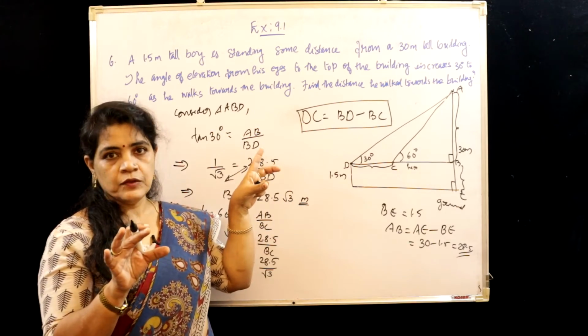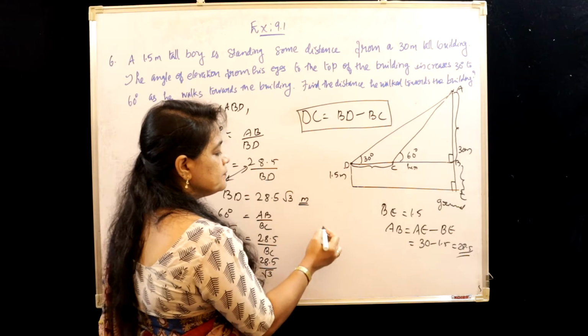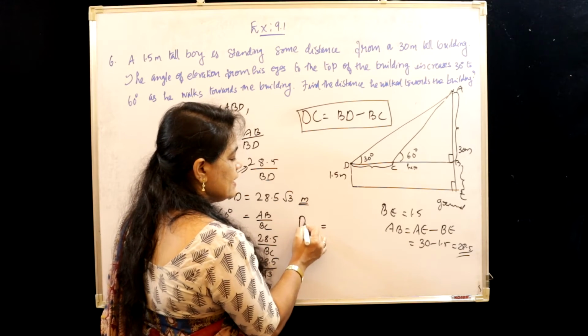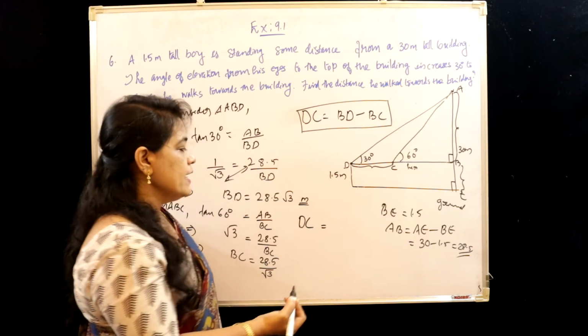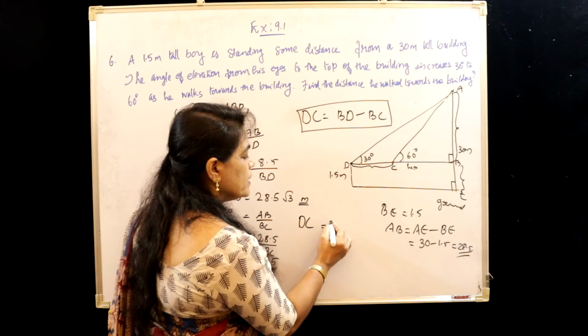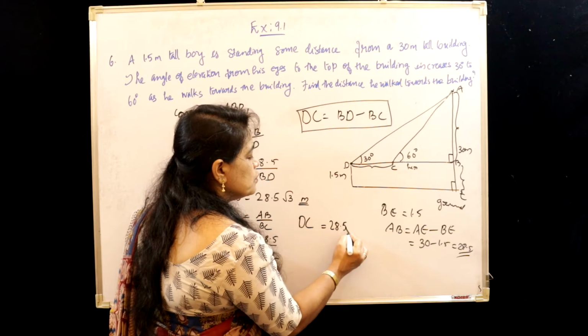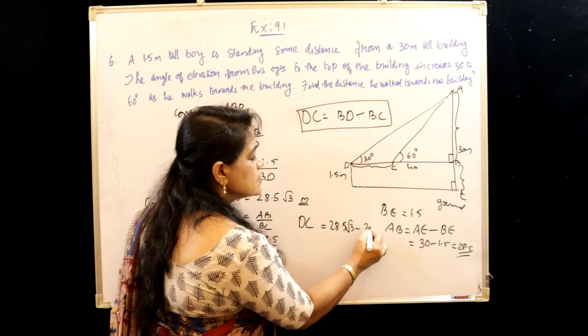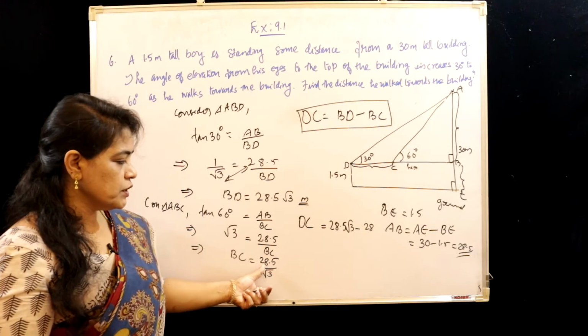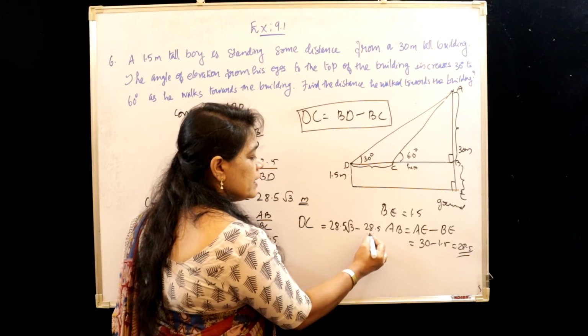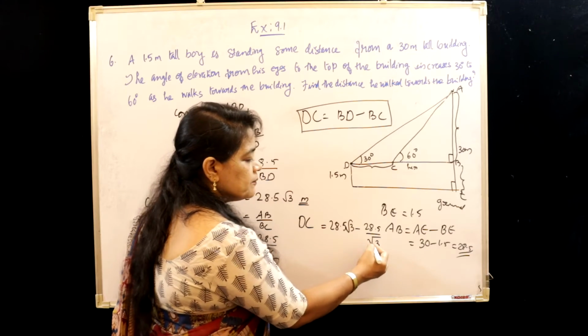That is DC. So to get DC, equal to BD, which is 28.5 root 3, minus BC, which is 28.5 divided by root 3.